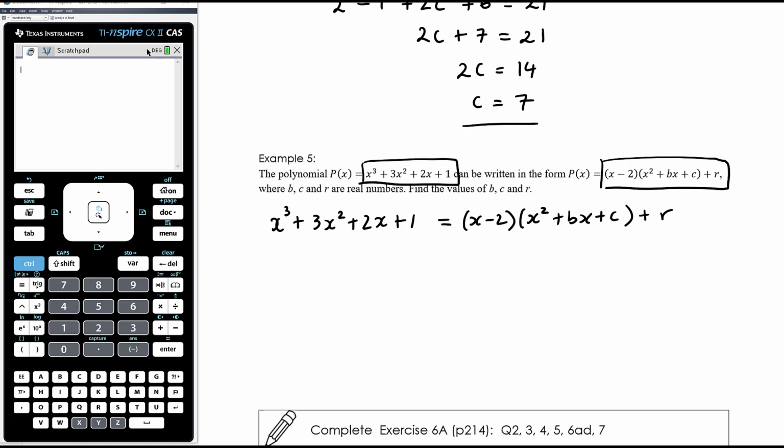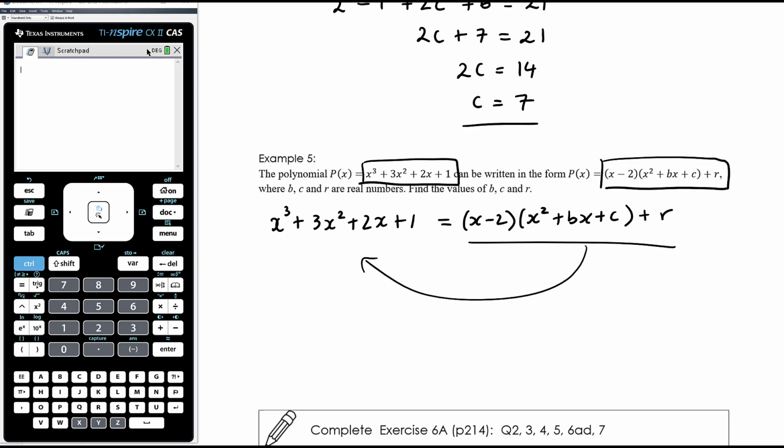Now, we know that if two polynomials are equal, they have to have the same degree, and these are definitely both cubics, and each of the coefficients of x cubed, x squared, x, and the constant term, they all have to be equal as well. So if we can expand this out to get it in the same form as this, we know the number in front of x cubed has to be 1. We know the thing in front of x squared has to be 3. We know the thing in front of x has to be 2, and we know that the constant value has to be 1. So that's our goal.